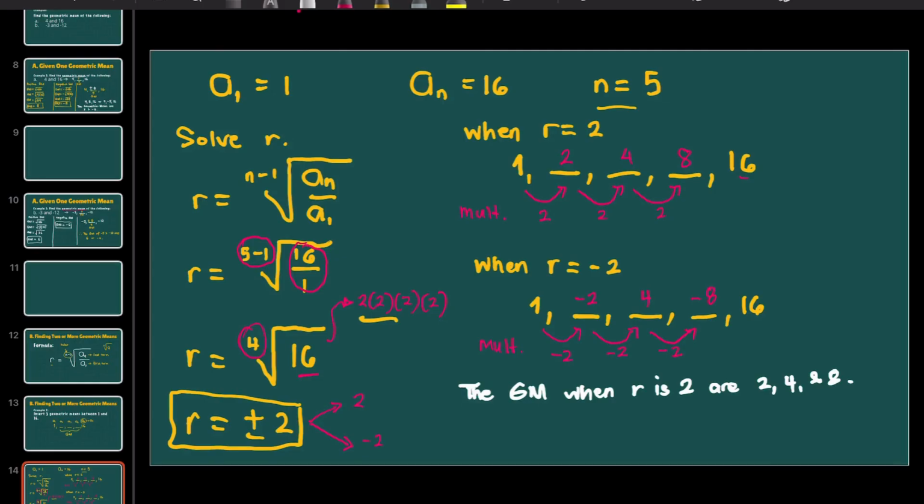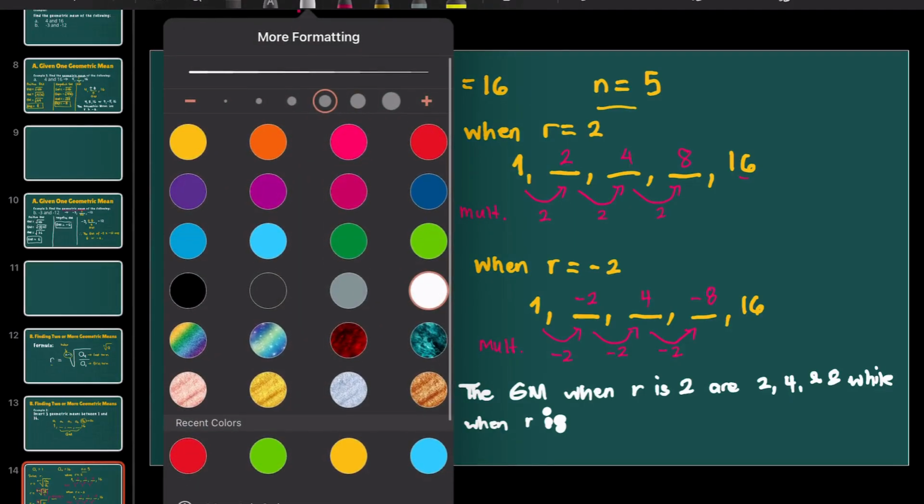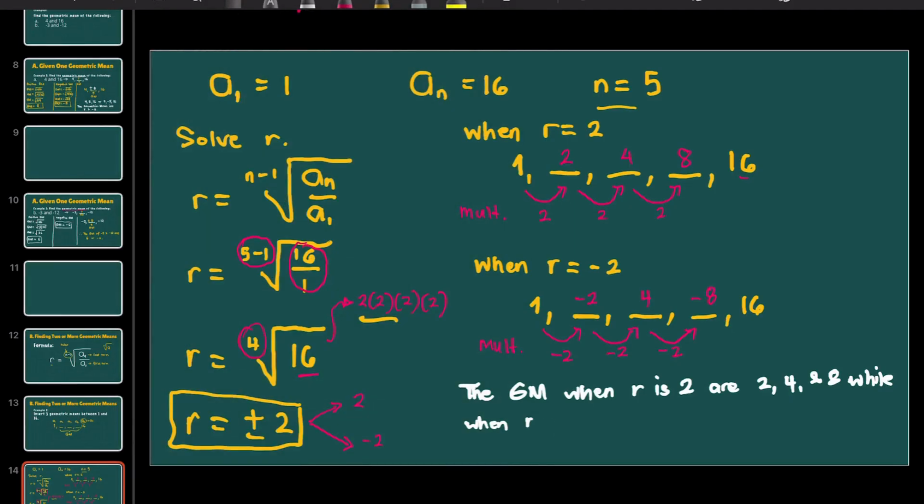While when R is negative 2, the GM, the geometric means are negative 2, positive 4, and negative 8.